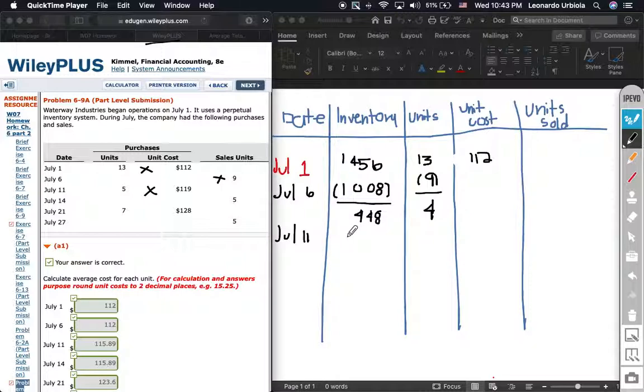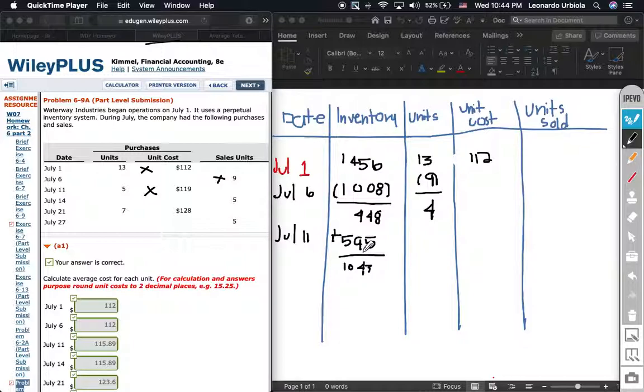Now that will give us 595. Now we need to add this amount because that is the inventory that we had before. So this will give us a total of 1,043.